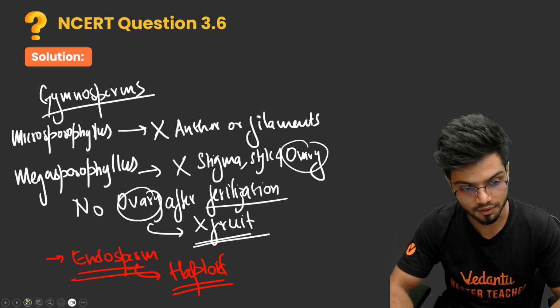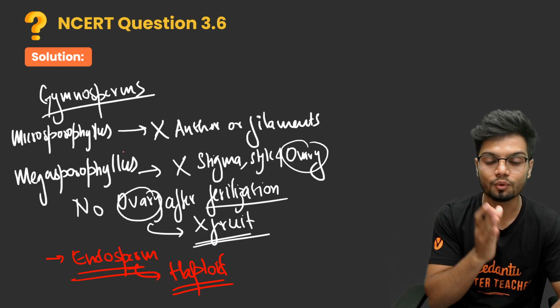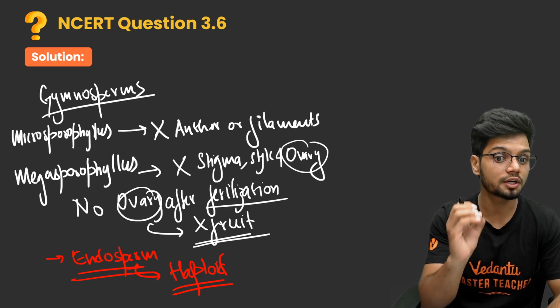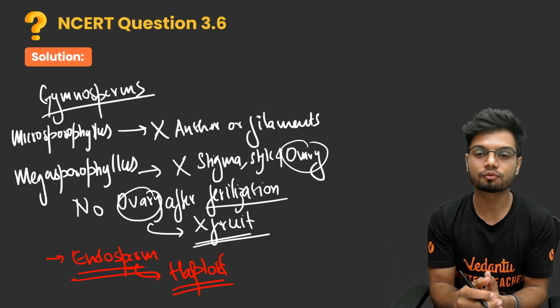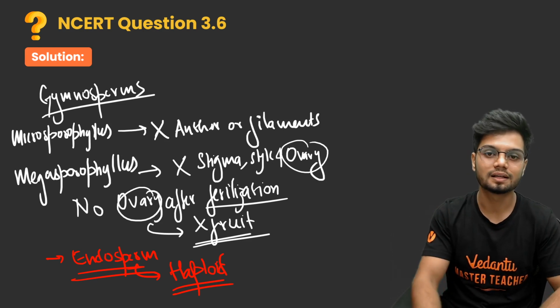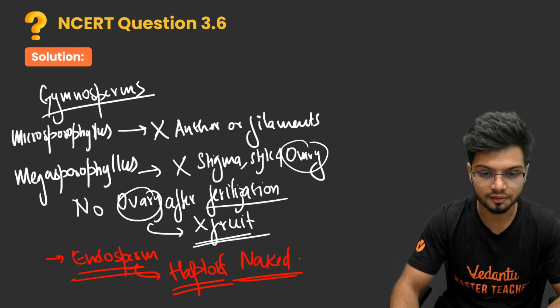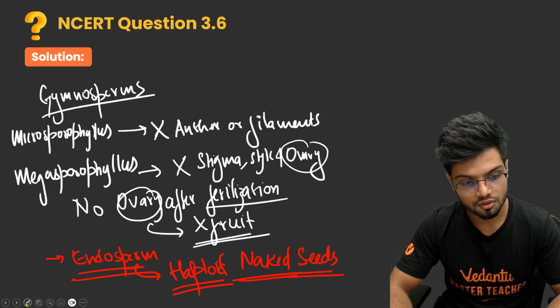So the microsporophyll is not differentiated into anther or filament, the megasporophyll is not differentiated into stigma, style or ovary. If there is no ovary, there won't be any fruit. If there is no fruit, the seeds are naked here in the case of your gymnosperms.